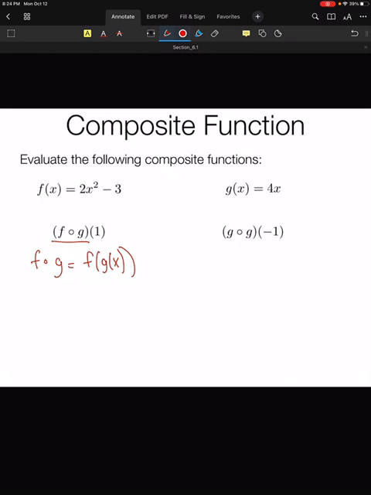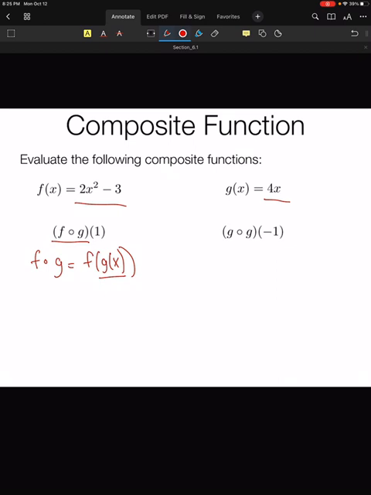Meaning I'm going to take the entire function g and substitute that in wherever I see an x in f. My function f is 2x squared minus 3, and I'm going to place the entire function g, which is 4x, in wherever I see an x.